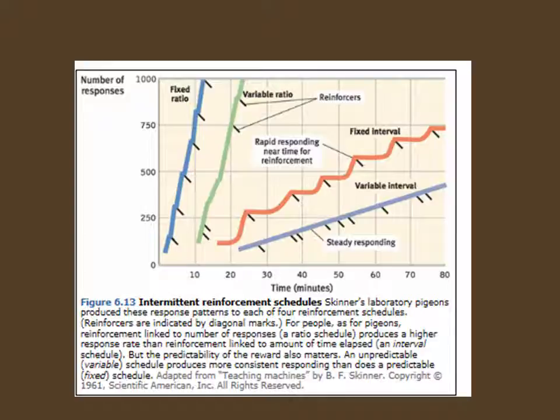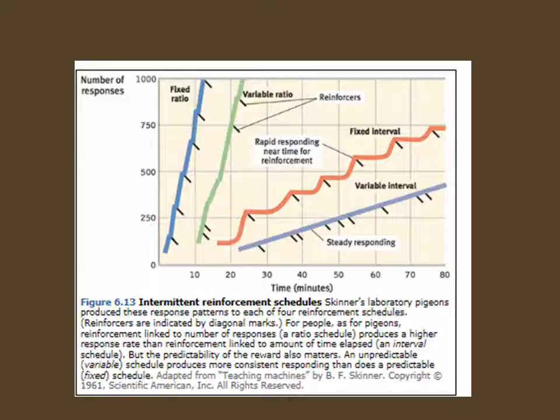So ratio schedules usually produce a higher response rate versus the time. The number of behaviors actually exhibited usually has people respond more than how long it goes. But the predictability of rewarding also matters. Unpredictability, the variable schedule, produces more consistent responding than predictable fixed does.